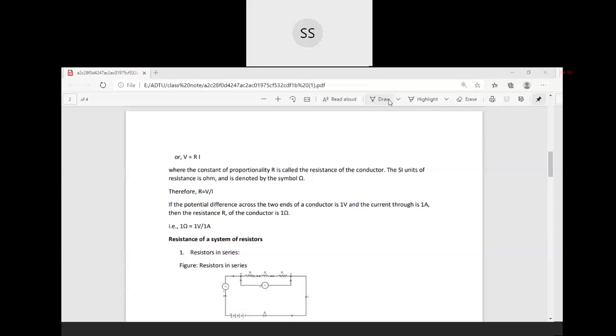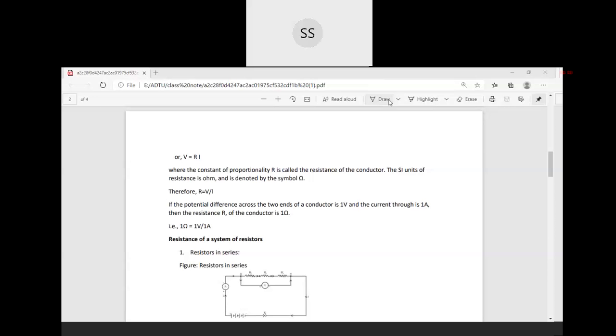Ma'am, let me just try. If the conductor has 1 volt and the current is 1 ampere, then the resistance of the conductor is 1 ohm.